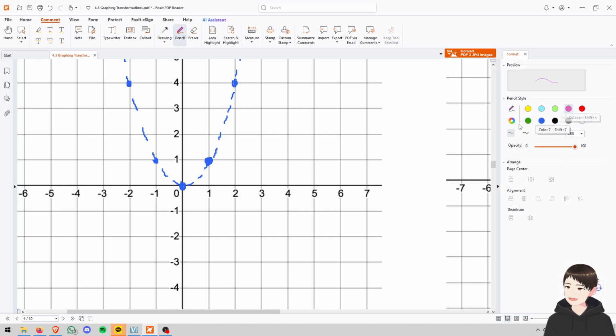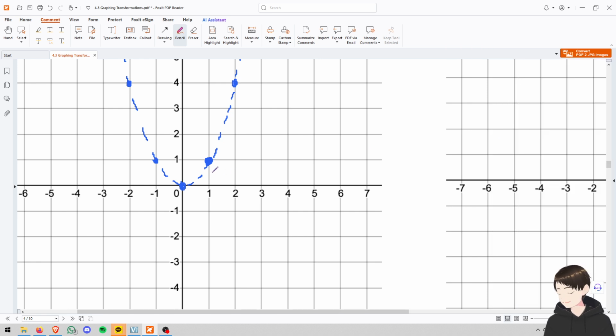If I apply my vertical compression by a factor of half, notice how I'm using the words. If I apply my vertical compression by a factor of half, my 1 becomes half. My 4 becomes 2.